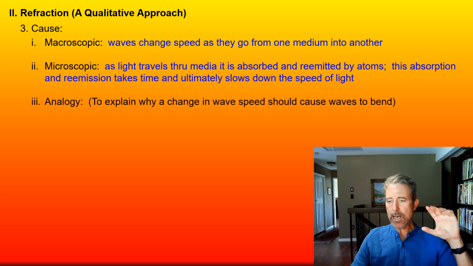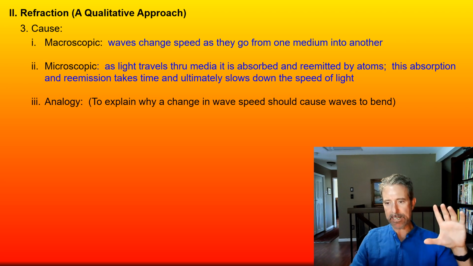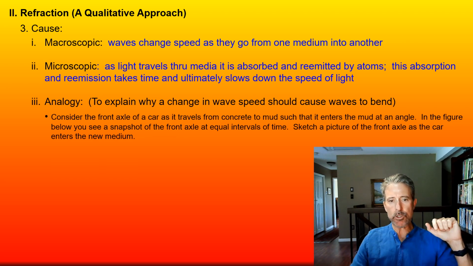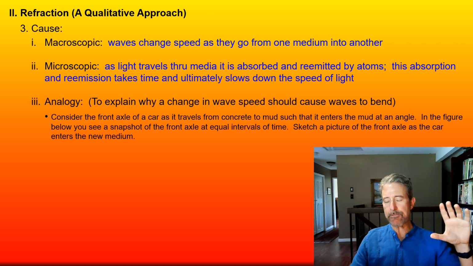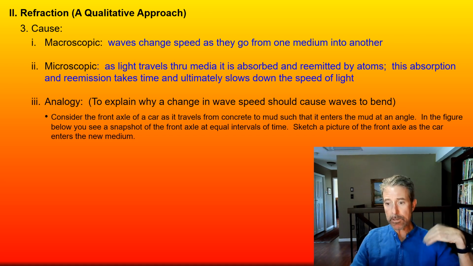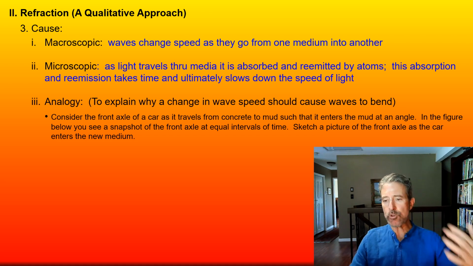So if you want to explain why the refraction happens at the boundary, there's a very good analogy that I think really nicely helps explain the bending that occurs. Consider what would happen if we look at the axle of your car as you're traveling from one medium into another.